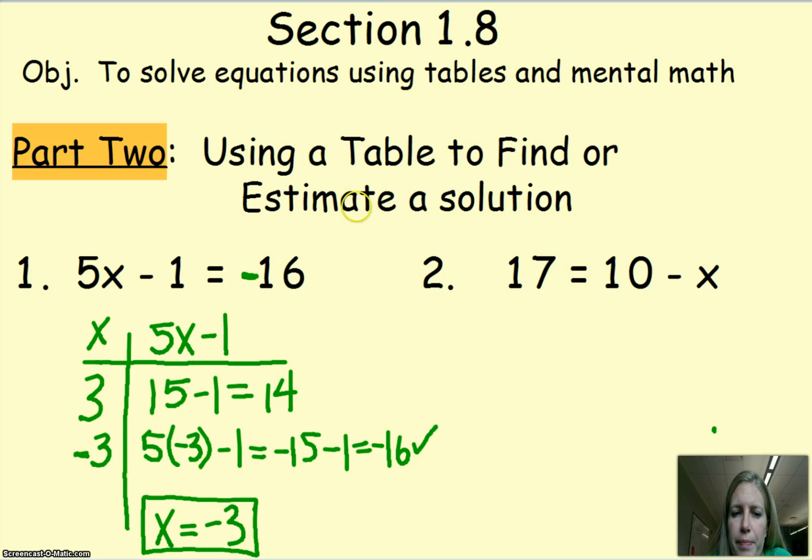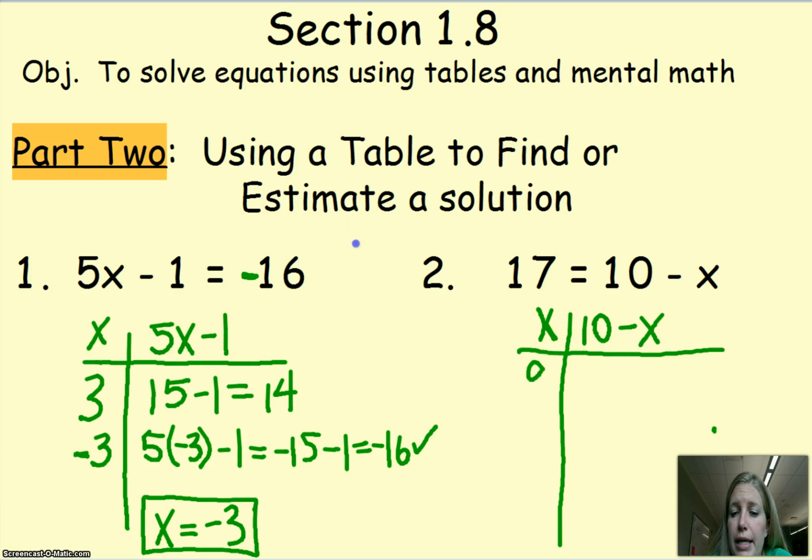Okay, let's try another one. We have an x. And then we have 10 minus x. If I plug in 9, well, when we do 10 minus 9, you're going to get 1. And we need this number to get bigger. So how do I make a number, when I subtract it, get bigger? Well, you need to subtract a negative.